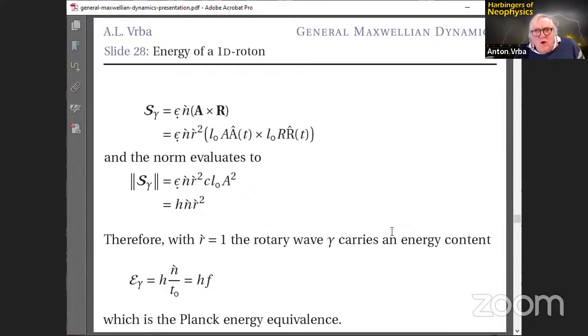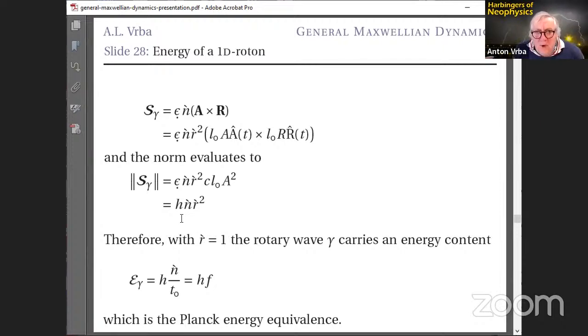And if we evaluate this based on the last slide, we get A equals L0, where A is scaling the unit vector. If we evaluate the norms of this, we reduce to hn times r squared, with r squared equal to 1.